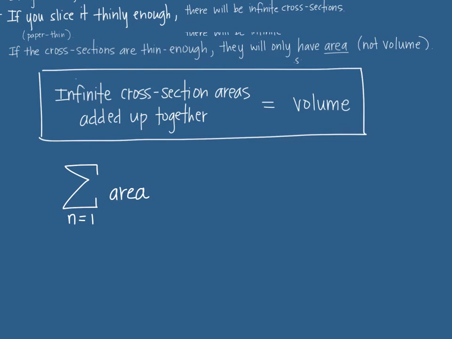If we go from 1 slice to k slices, what would we like k to be? Infinite. All right, so in front of that, we say the limit as k approaches infinity. So if you have area anywhere from 1 to infinite, then that will approach volume, and that is how we write that. Now, how do we turn that into calculus?